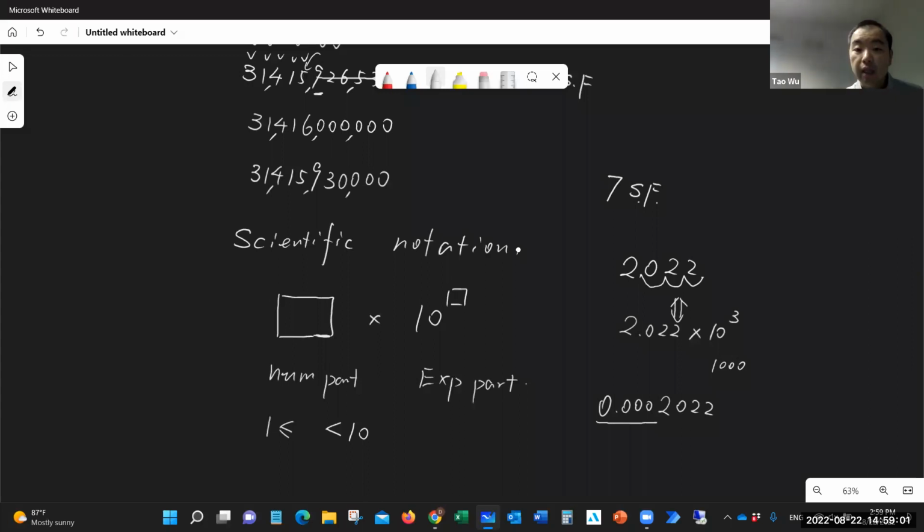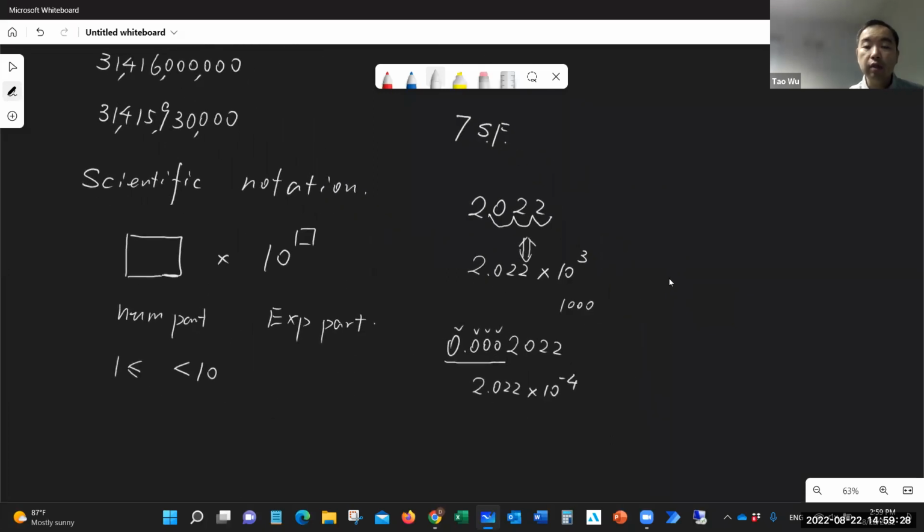And then you just count how many zeros it has. It has 1, 2, 3, 4, including the 0 before the decimal. We have 4 zeros, so you can write 2.022 times 10 to the negative 4. That's it. So this is scientific notation.